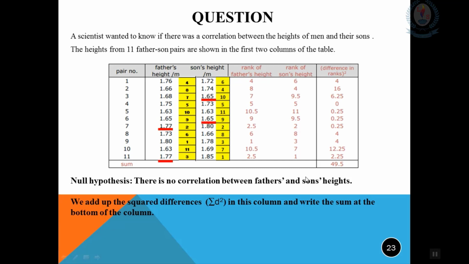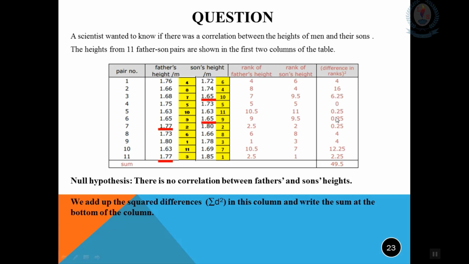Then as the third step, you have to find the differences between the ranks. So what is the difference here? 6 minus 4. It's 2. And we have to square that particular number. 2 times 2 is 4. So we'll move on to the next line. 8 minus 4 is 4. 4 times 4 is 16.